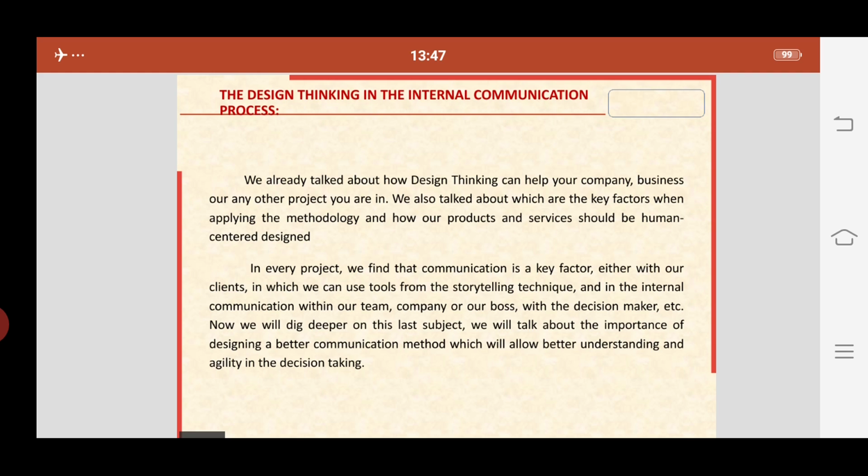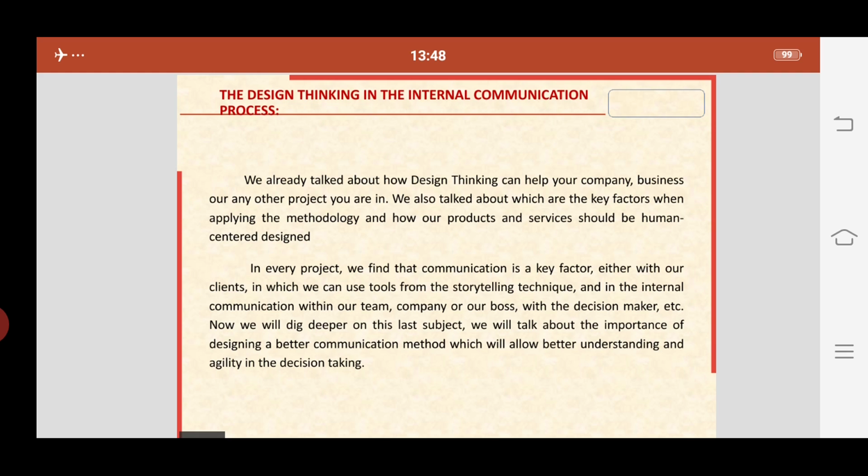In every project, if you take any project, first of all, you will find that communication is the main key factor, either with our clients, for which we can use tools from the storytelling technique, or in internal communication within our team, as well as with the company or our boss.